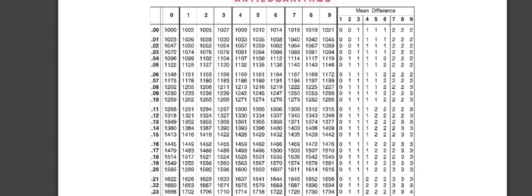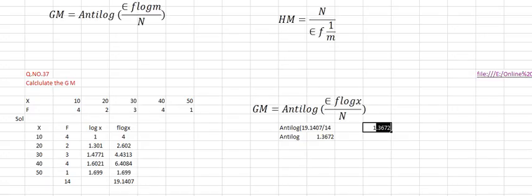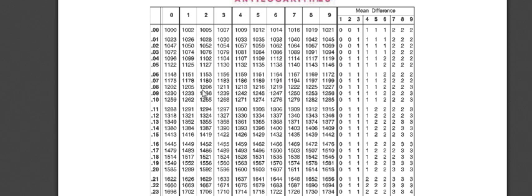So 13. What is the answer for this? 1372 you have to find. See, point 13, and 7 is here. 0.137, 7 is 1371, and for 1372 the mean difference is how much here? 1. So 1371 plus 1 is 1372.